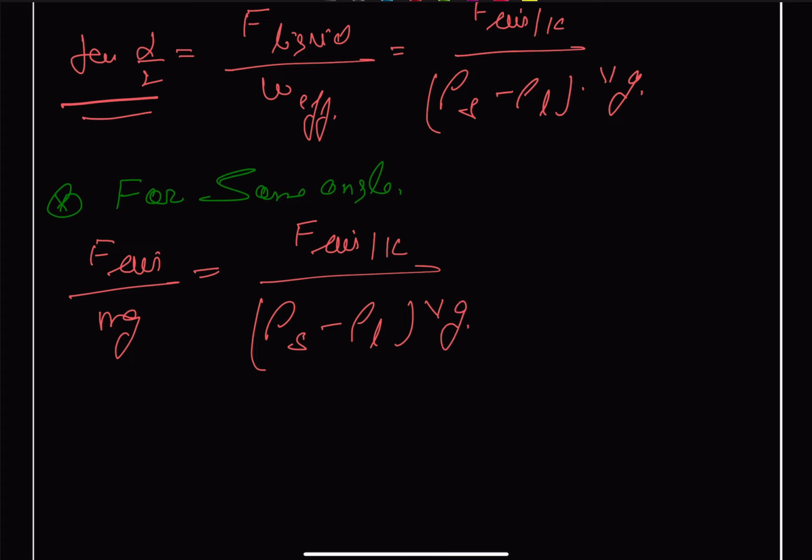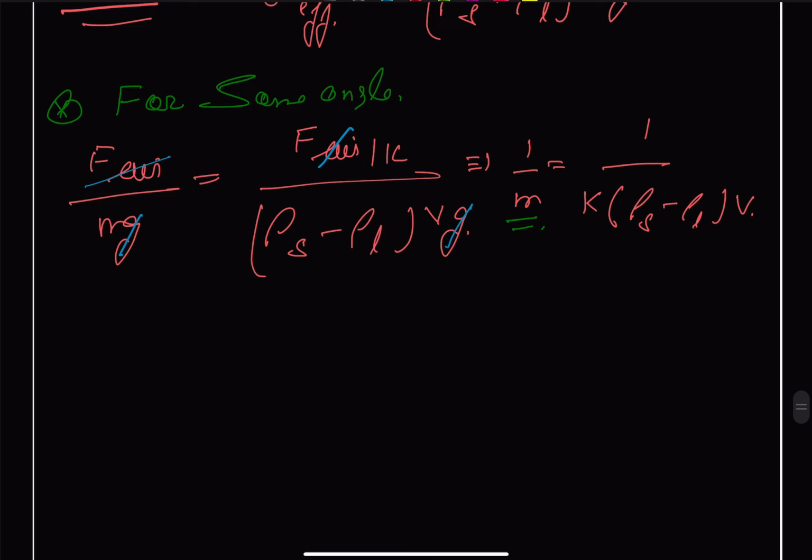So we can easily cancel out our F air as well as g. So this gives us 1 upon m is equal to 1 upon K density of sphere minus density of liquid multiplied by volume. And we can just substitute mass also.